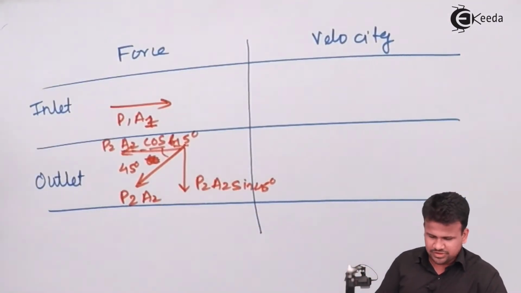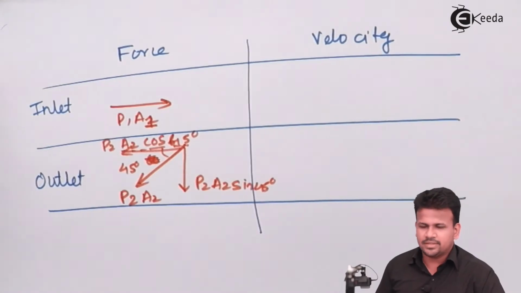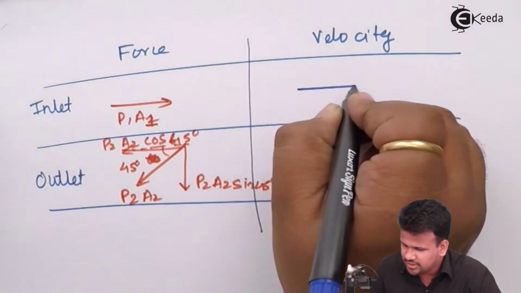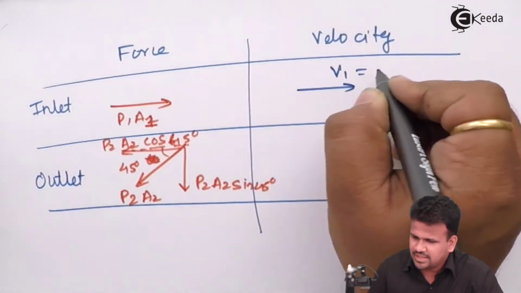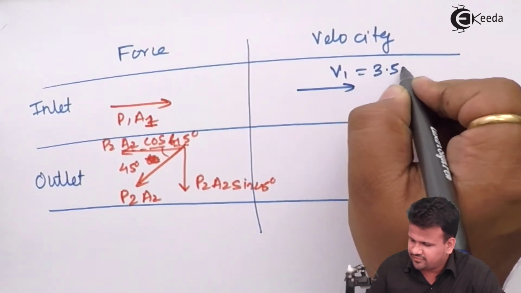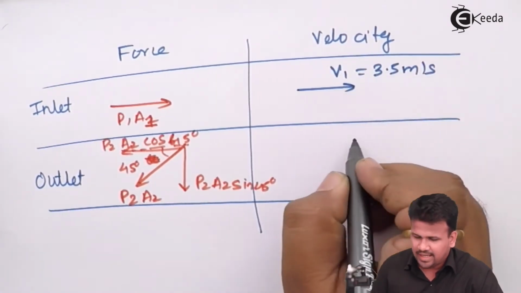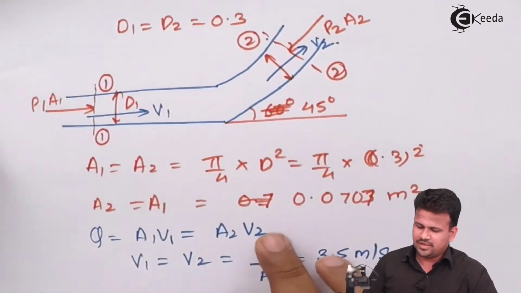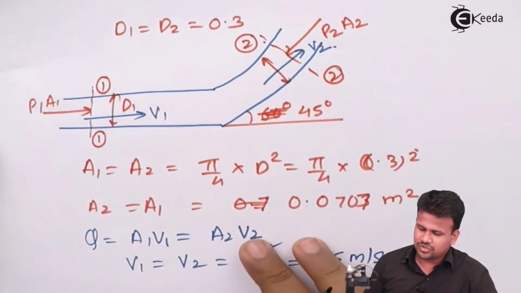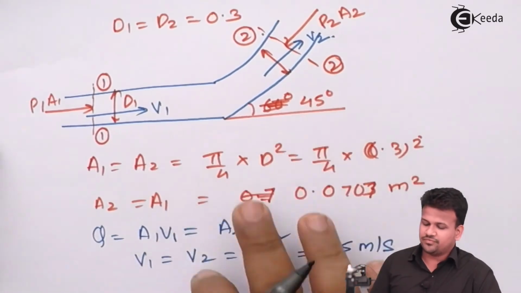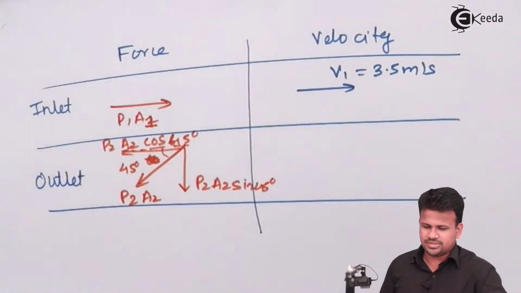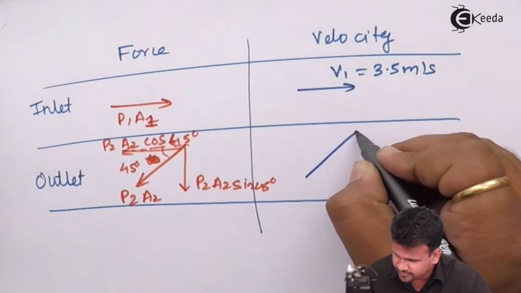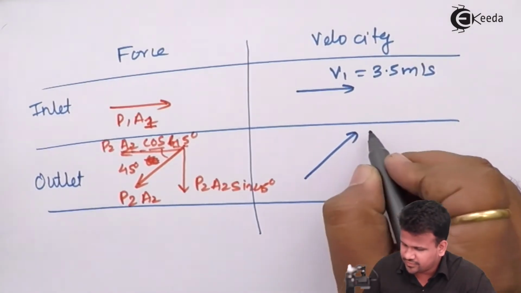So the velocity component at the inlet is horizontal. So this is V1, that is 3.5 meters per second, and at the outlet, which is going away in the first quadrant, it is at an angle of 45 degrees.